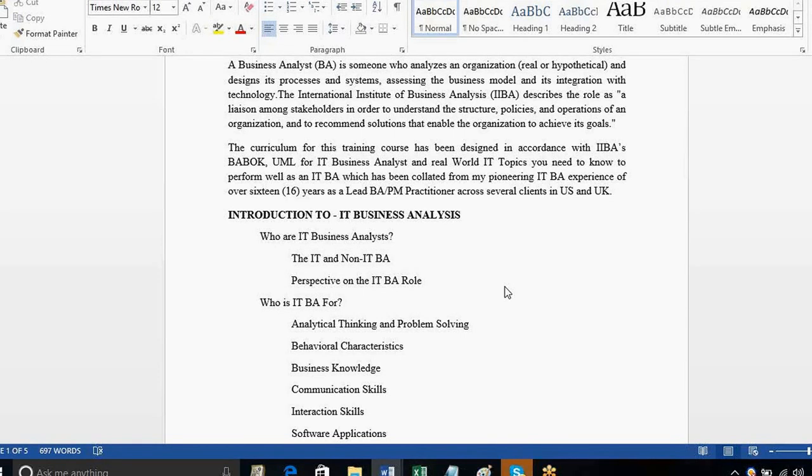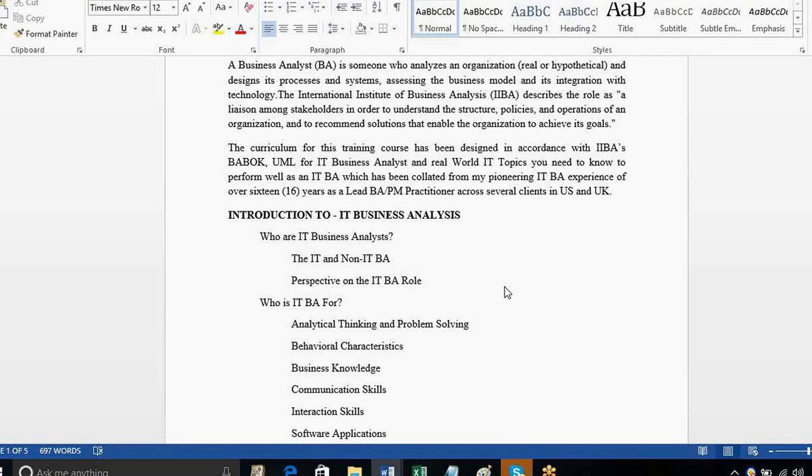Unlike a project manager, who has a particular set of roles and responsibilities, a BA needs to be technical enough and business savvy in the domain they are working in, and understand the business jargon, meaning the terminology used in a business context.